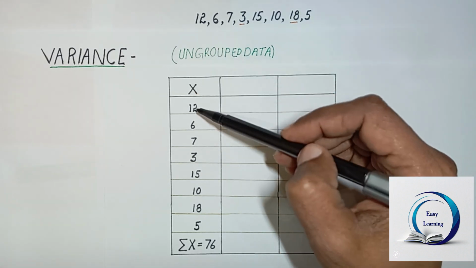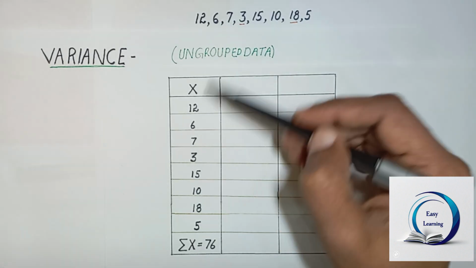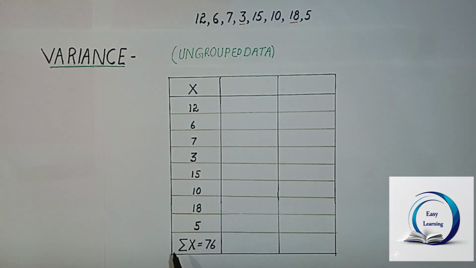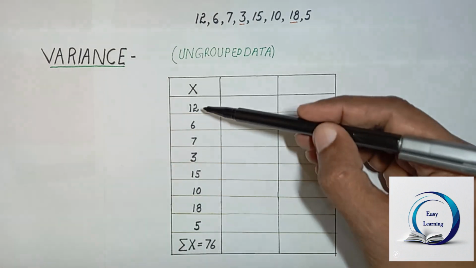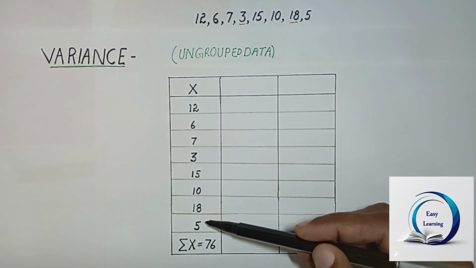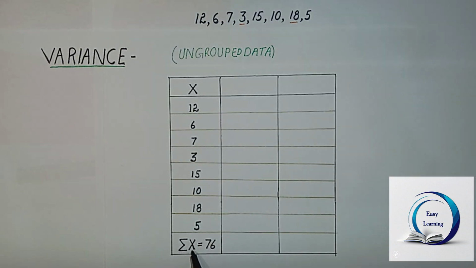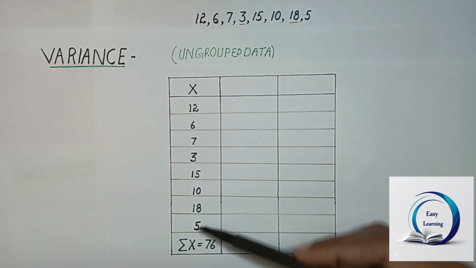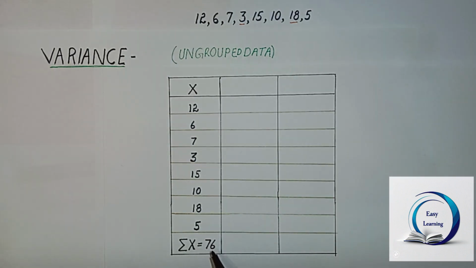Put all these observations in the rows of this column and first calculate the sum of all these observations. By adding all these observations we get summation x equals 76.